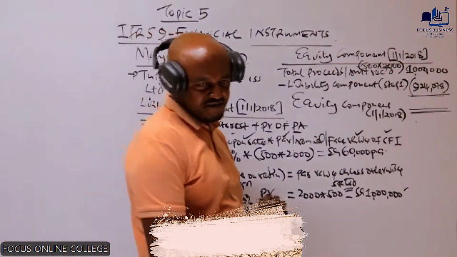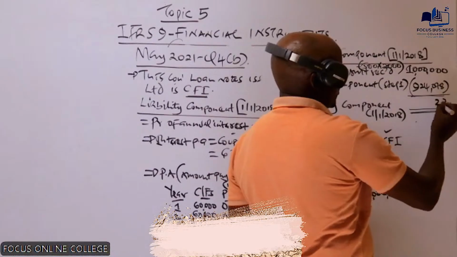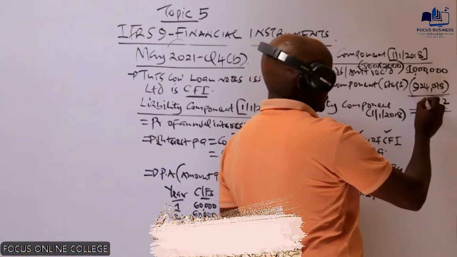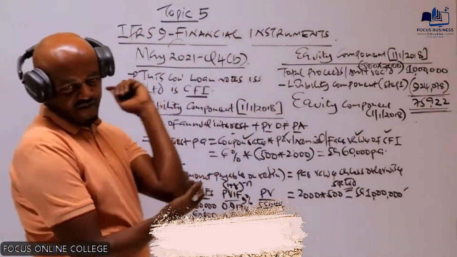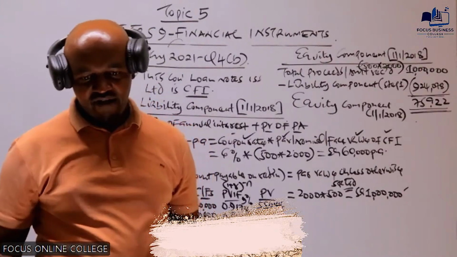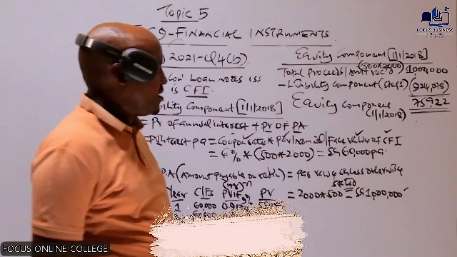What are you getting here? 75,922. Yes, so that is the equity component.